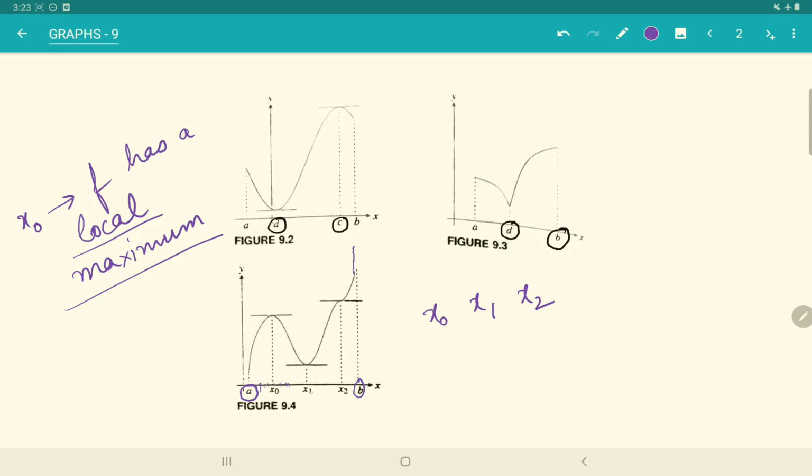If I take a look at x1, in a similar manner I can say that at x1 the function has got a local minimum. So at x1 f has a local minimum.